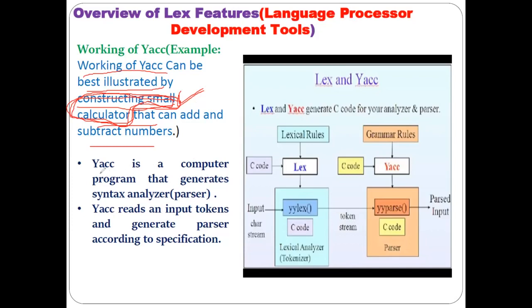Now we have already discussed that Yacc is a computer program that generates the syntax analyzer, the parser. What does Yacc do? Yacc reads the input specification, not the input tokens here, and generates the parser according to the specification.